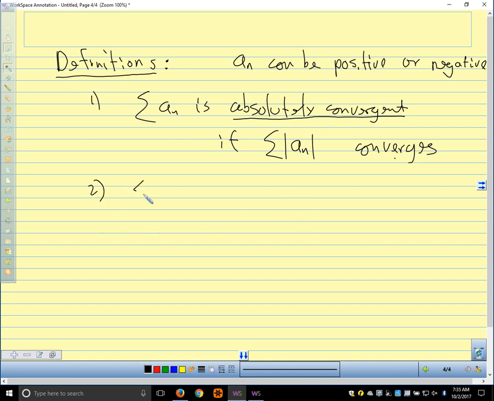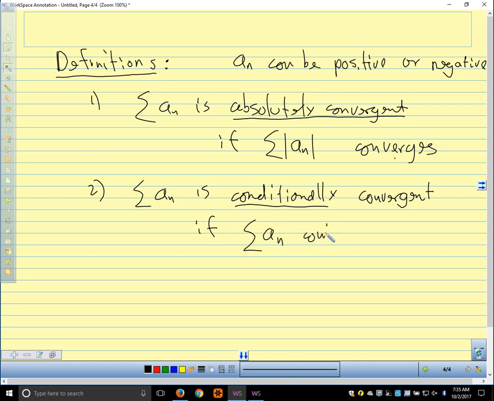And a sub n is conditionally convergent if the series with positive and negative terms converges, but the absolute value series diverges. So we would say the alternating harmonic series is conditionally convergent.